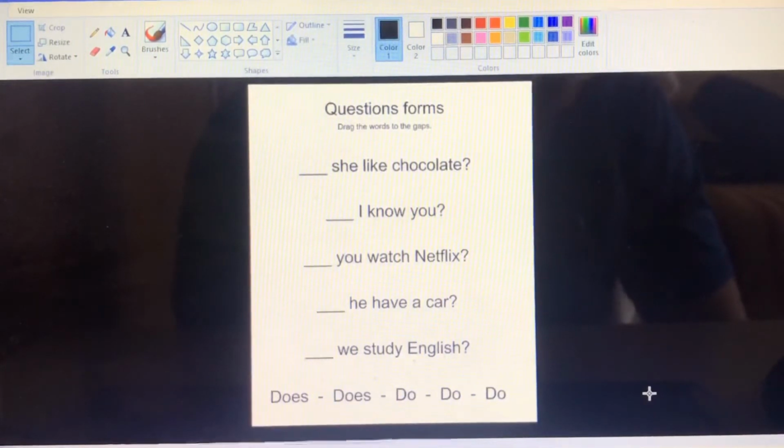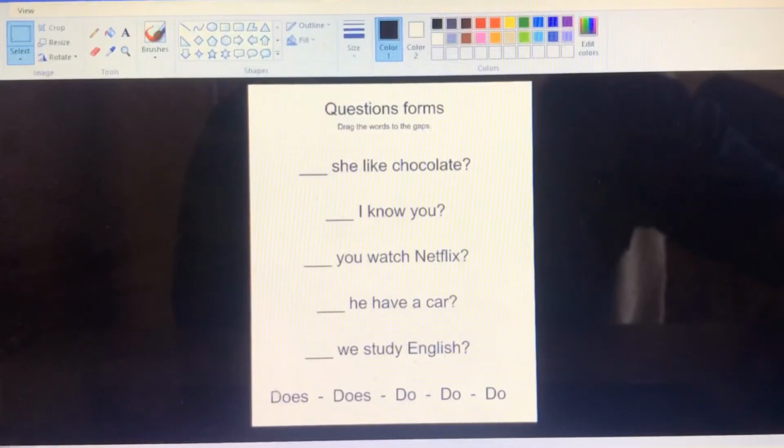Number 1. She like chocolate. Okay, guys, so identifying that the pronoun is she, we already know that the answer will be does. So help me out to put the correct answer in this section.